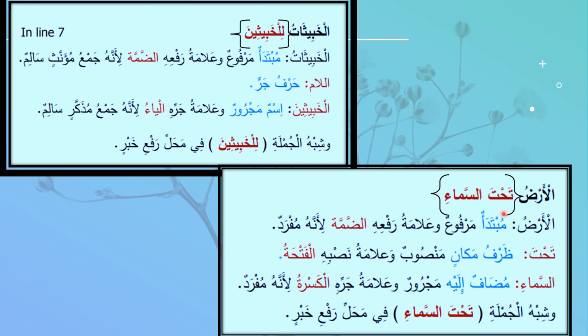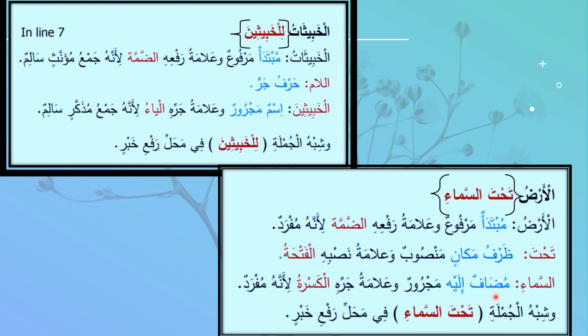Al-ardu tahta as-sama'i. Now this is an example with the zarf. So there is only a change of harf jar to zarf, and the i'rab remains the same. Al-ardu is mubtada, as you can give your answer here, with the alama dhamma, and it's singular. Tahta is the zarf makan, from the adverbs of place. Tahta zarf makanin and it's always mansoob; the alama is nasb and it has a fatha.